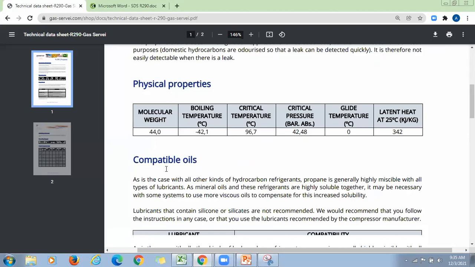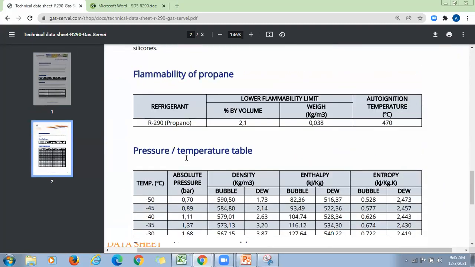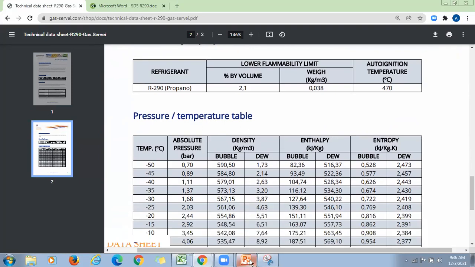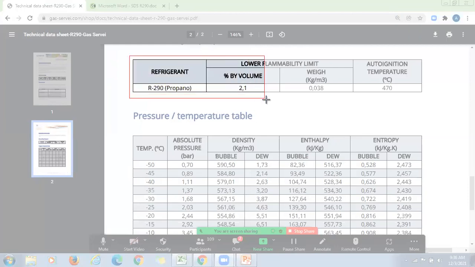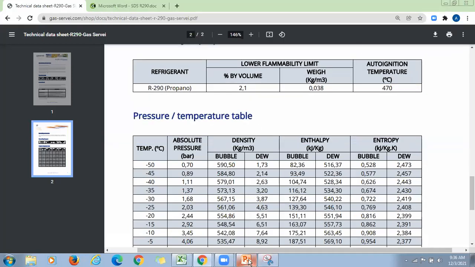Physical properties. We put this, and I take the flammability, because the flammability is here because this is flammable. It should be mentioned in the safety data sheet as well. So you will be expecting another continuous assessment of reading technical and safety data sheets.